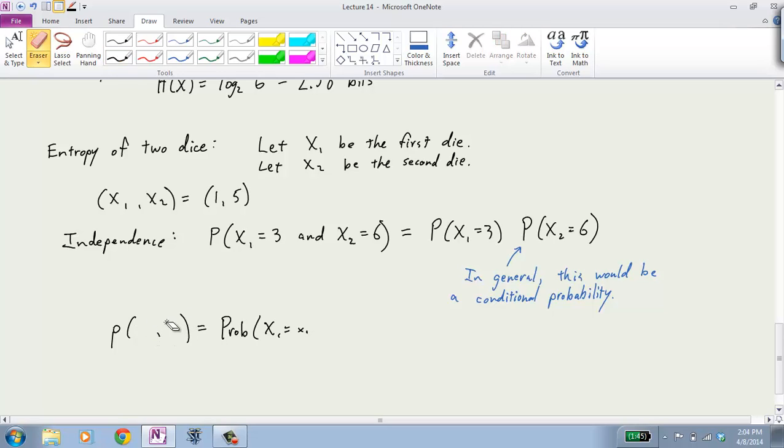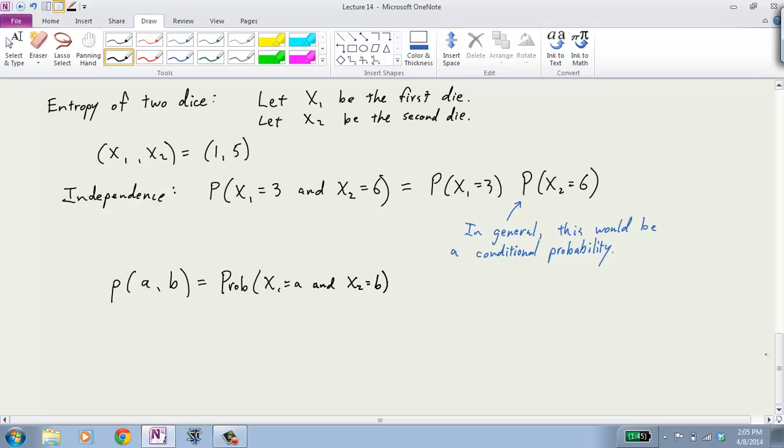Let me use A and B because I know it sometimes confuses you if I have capital and lowercase in handwriting. All right. And x2 equals B. Okay, so it's a joint probability mass function. Anyway, again, this is not stuff you have to master, but I want to get to a point having to do with entropy.